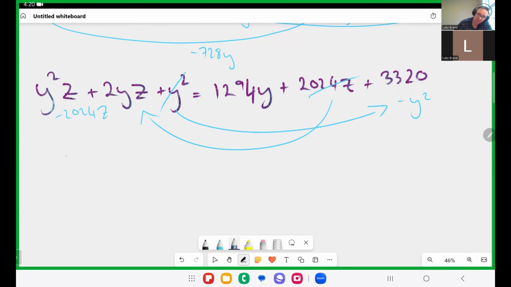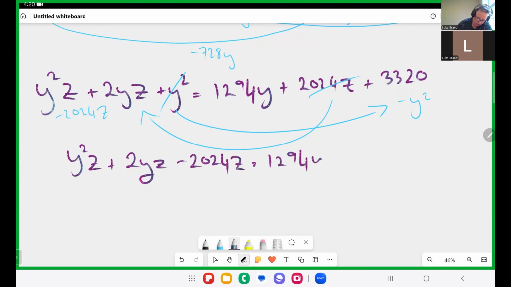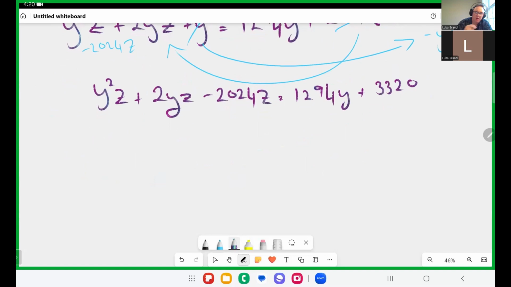All right, now I'm going to rewrite my equation. Y squared z plus 2yz minus 2024z equals 1294y plus 3320. Now I'm going to factorize for z.